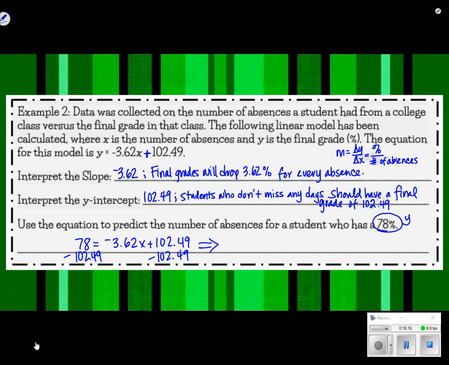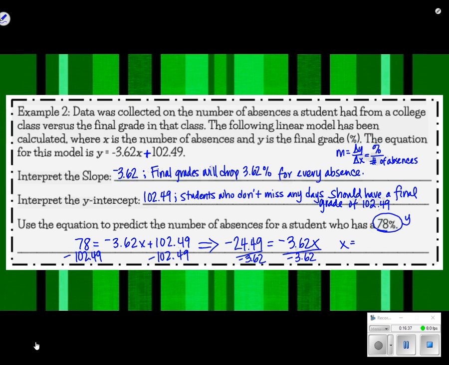So we are going to get, break out my calculator here, 78 minus 102.49 is negative 24.49. And that equals negative 3.62x, and we're going to divide by negative 3.62 on both sides.